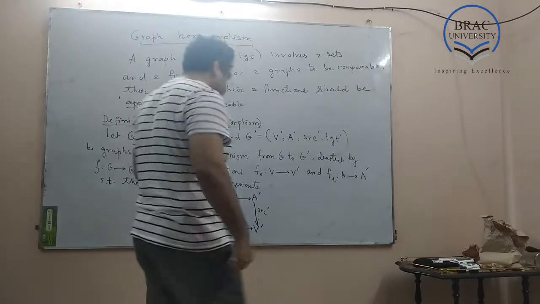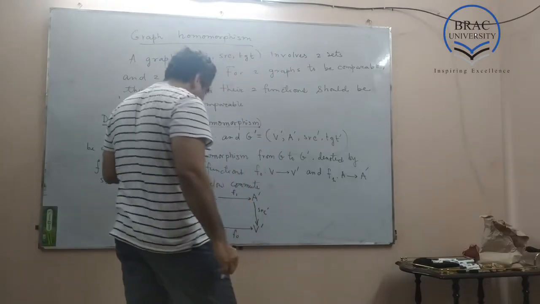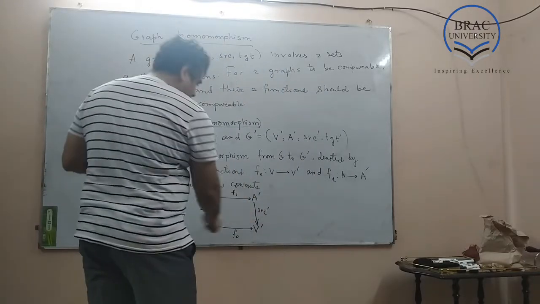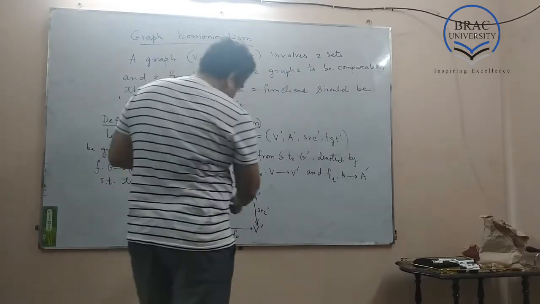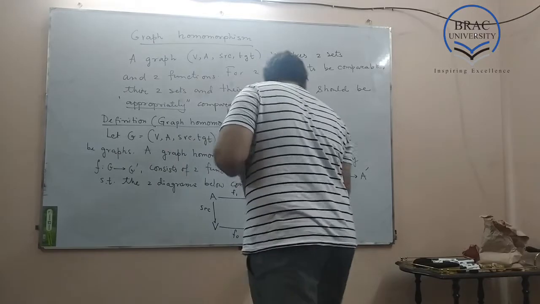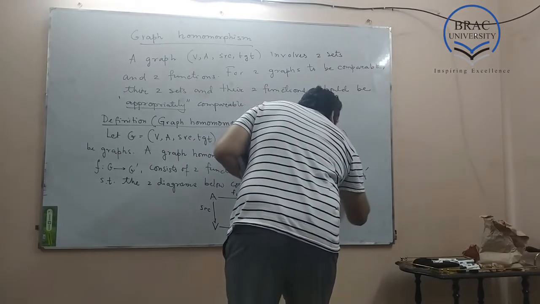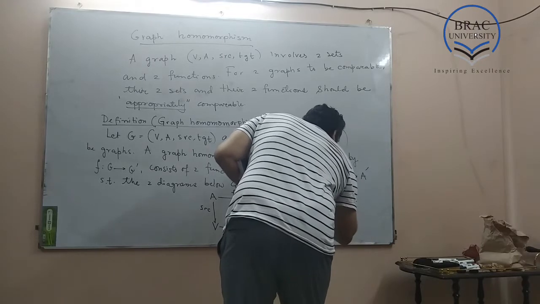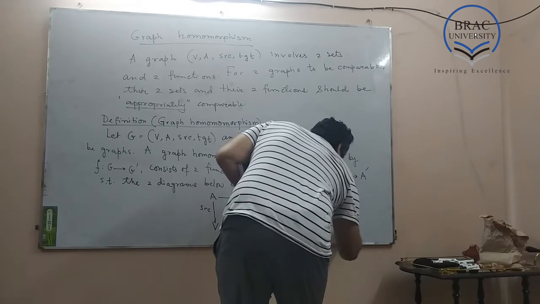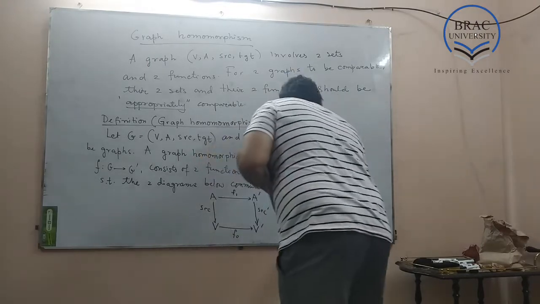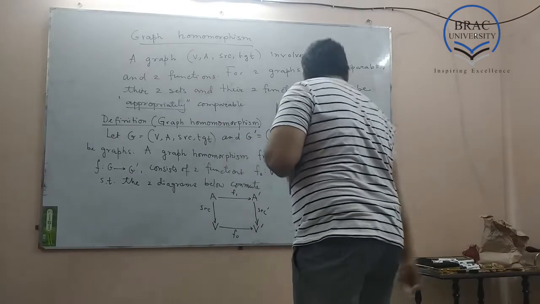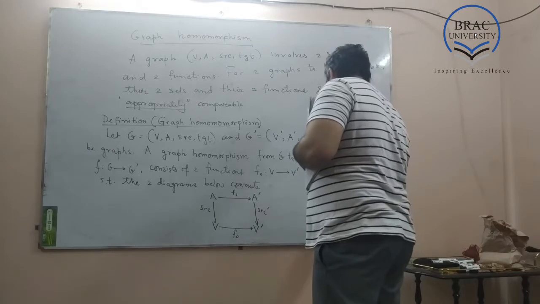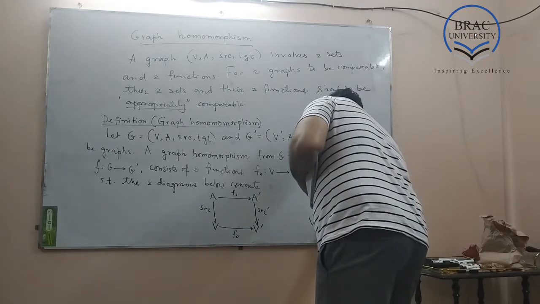Alright. Now to the right, there is another diagram of a similar type, where the vertices are going to be the same. A to A prime is the map f1, and V to V prime is the map f0.